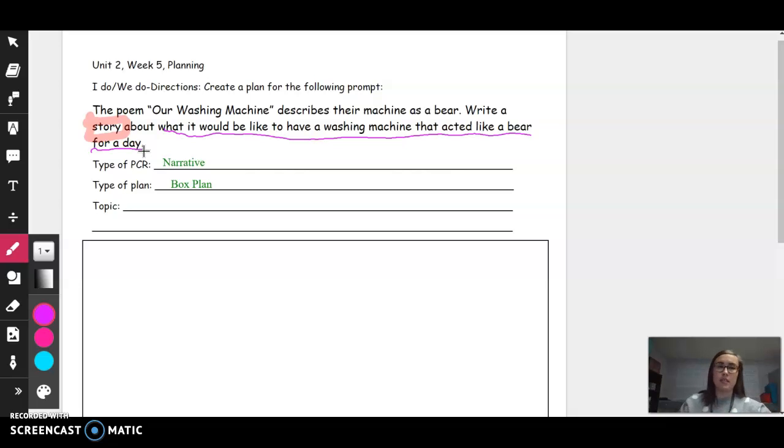So this first sentence, I am going to circle the poem title, because that's important, okay? And I'm also going to circle describes, machine, bear. Okay, and then I'm going to write a story about what would be like washing machine acted day.